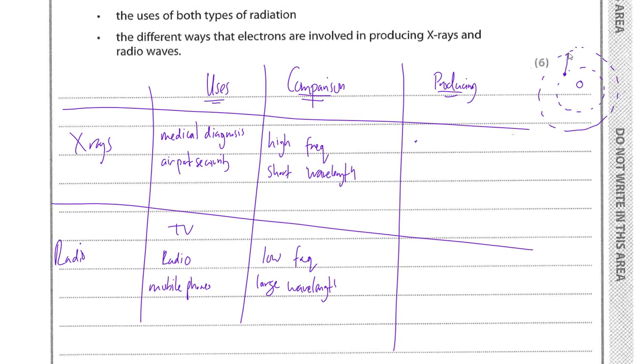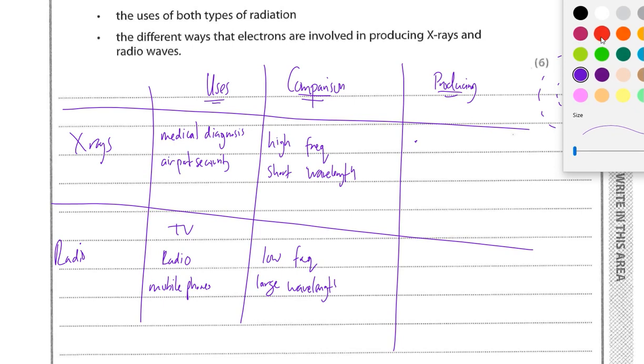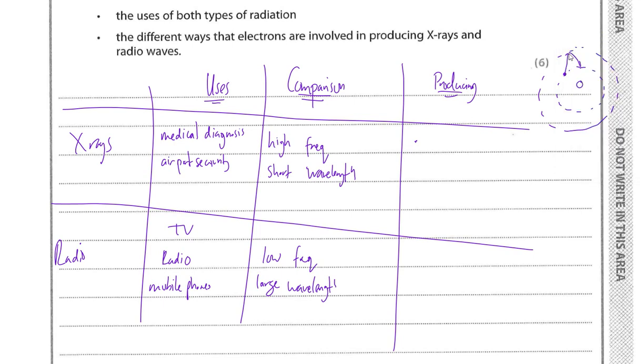And then it's going to lose that energy and drop back to its level. When that energy is being lost, that energy is turned into X-rays. That's how this works.